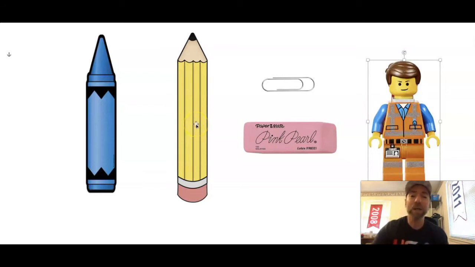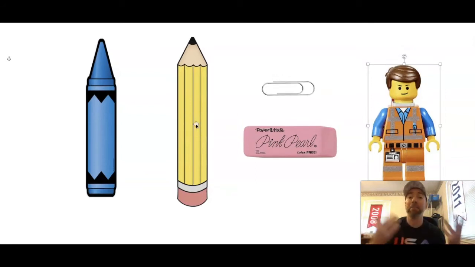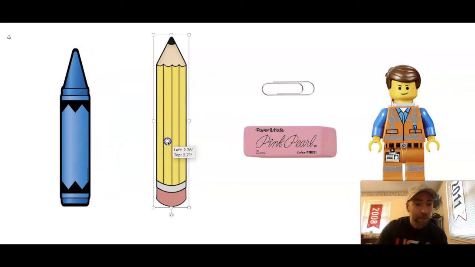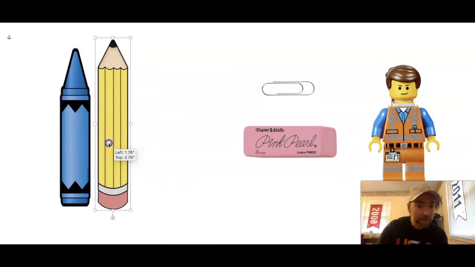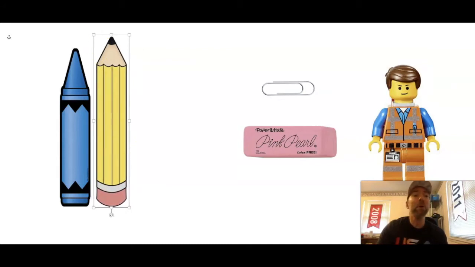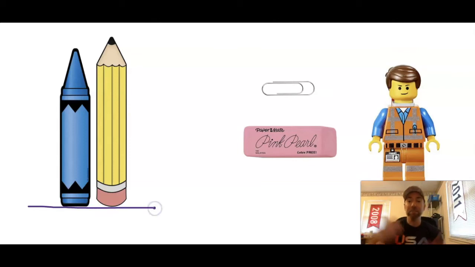Well, if I want to see which object might be longer or shorter, the first thing I do is take two objects and put them next to each other. So there's my crayon, and here's my pencil. I make sure that they're both starting on the ground. I don't want anybody to have a head start. So you can see they're both starting at the same spot.